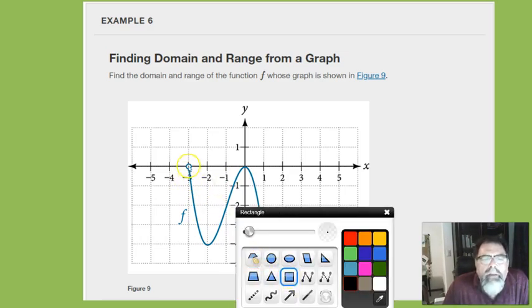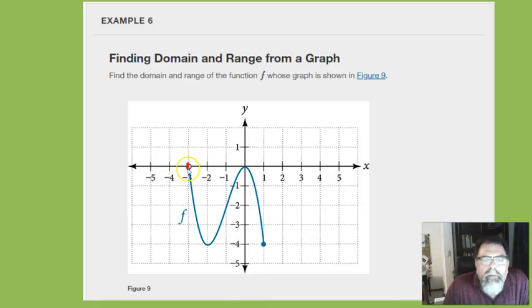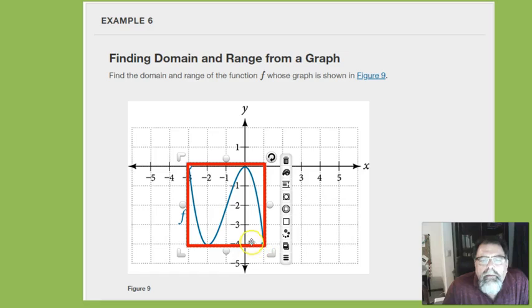If I can draw a rectangle here, let's do it like this, that's going to contain the highest and the lowest point, right, the domain's going to be on the x-axis, so from this spot to this spot, this is the domain.